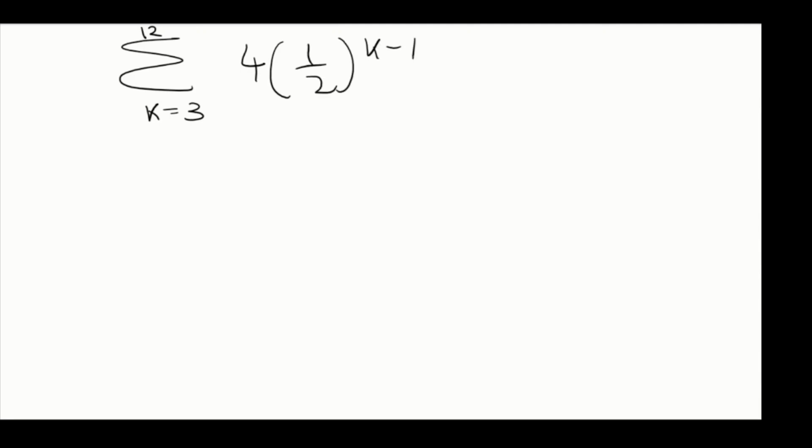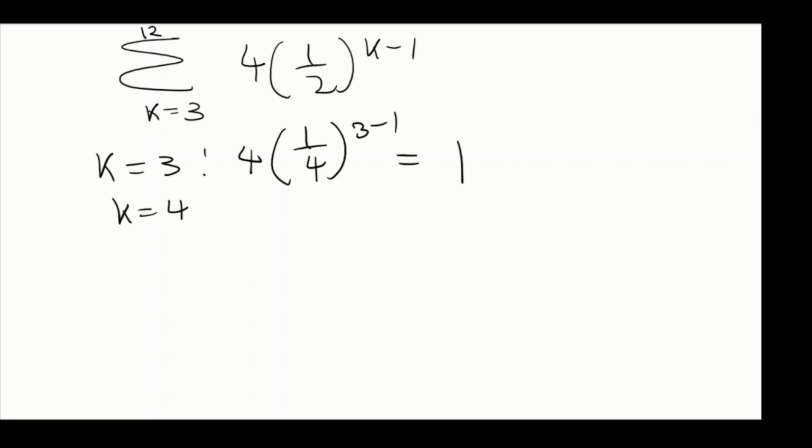To find our first 3 terms, k starts at 3, and we substitute it in. So it's going to be 3 minus 1, and the answer for this one, you need to get 1.